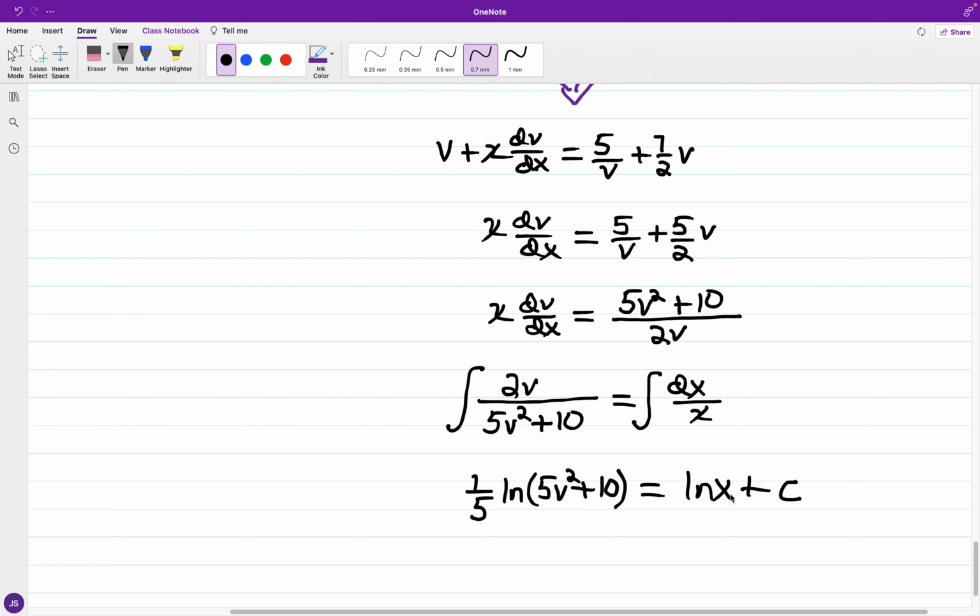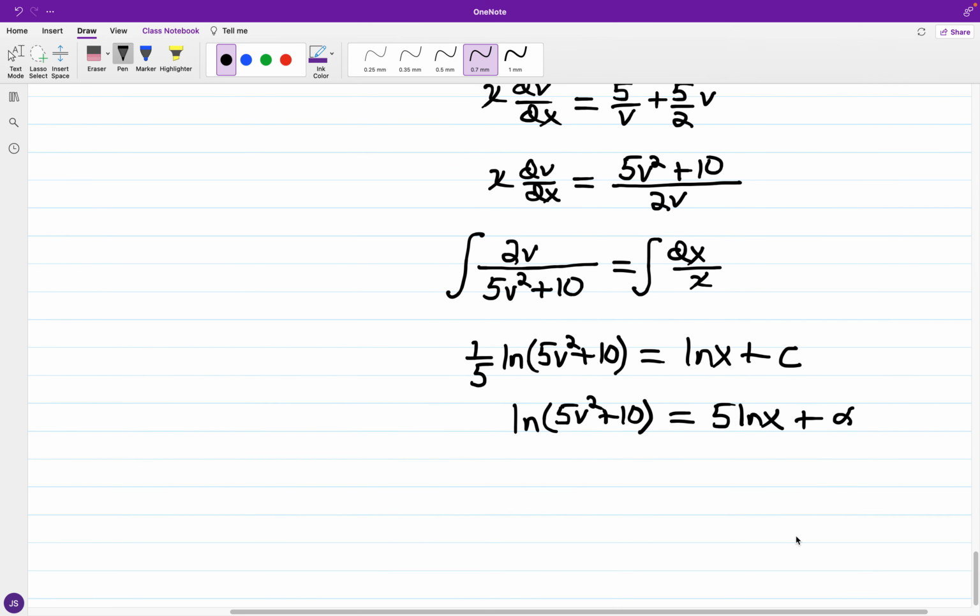And if I look at multiplying, say if I multiply by 5, you can see we have the natural logarithm of 5v squared plus 10 is equal to 5 times the natural logarithm of x, and for 5 times c we'll just say the letter alpha, and just narrowing it down, the natural logarithm of the quantity of 5v squared plus 10.